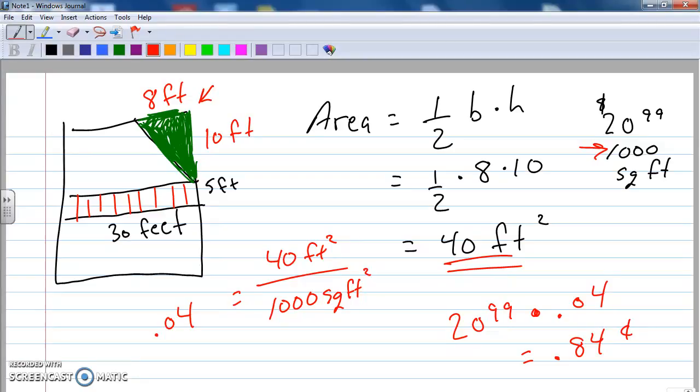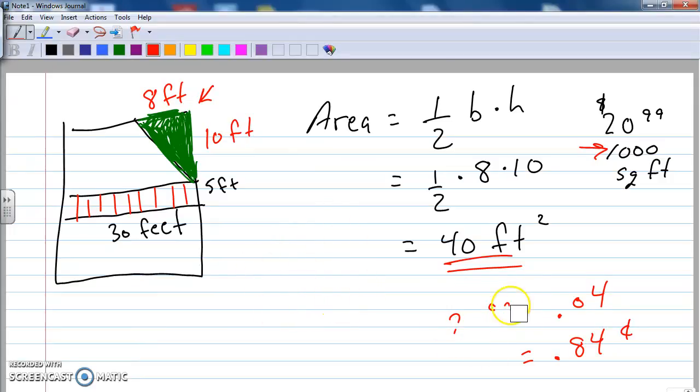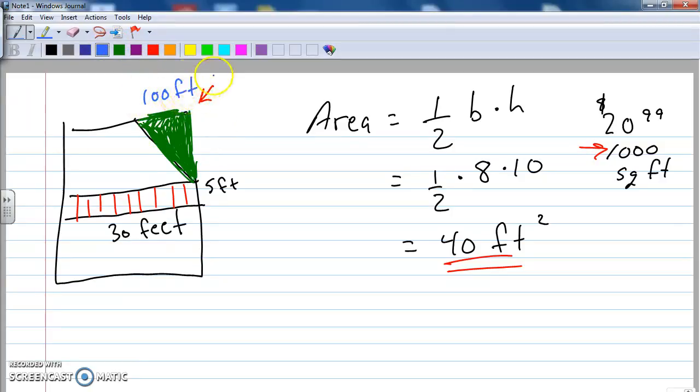So we might want to look at that and slightly raise our numbers a little bit and go through very similar calculations but with larger numbers. So what do I mean by that? Well, instead of making an 8-foot section by a 10-foot section, let's say that this was instead 100 feet and this was 50 feet.